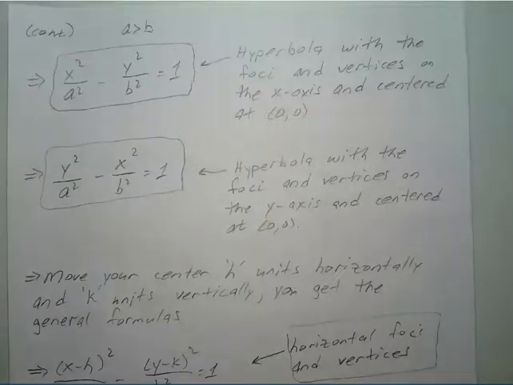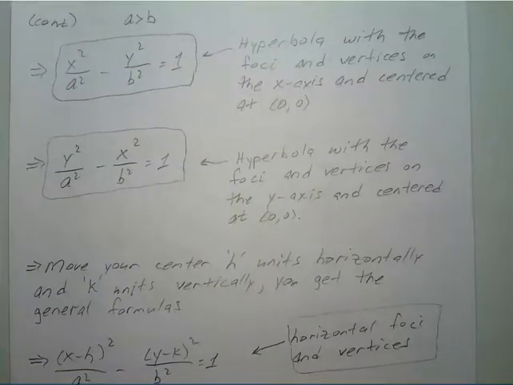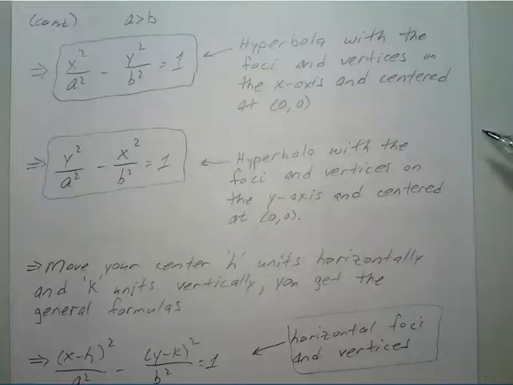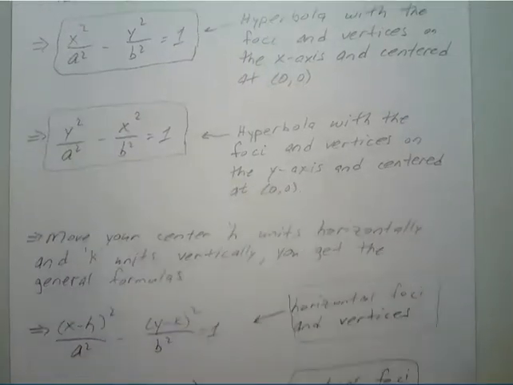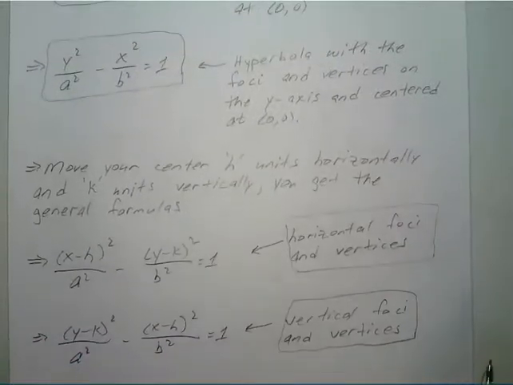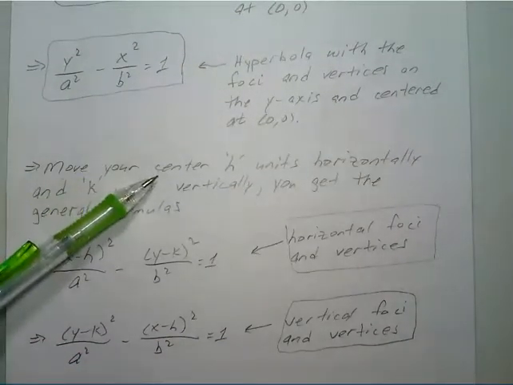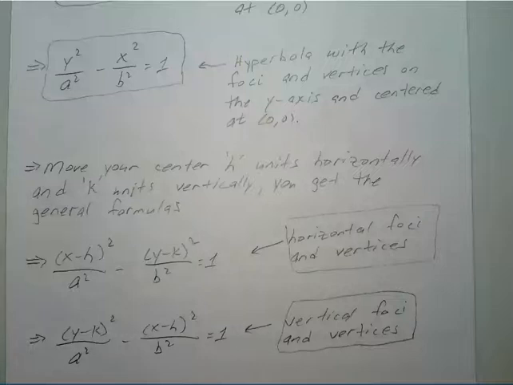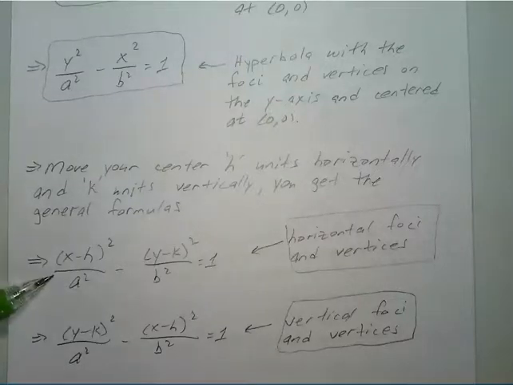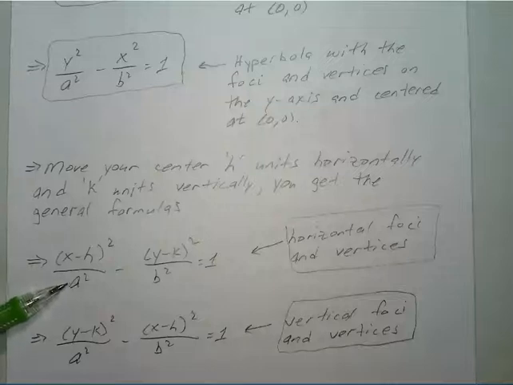Okay, now to get our generalized formula, I'm going to move this up. So if you're still writing this up here, feel free to pause it. I'm just going to move it up a little bit. If you move your center h units horizontally and k units vertically, then we get our general formulas. So we have x minus h squared over a squared minus y minus k squared over b squared equals 1.